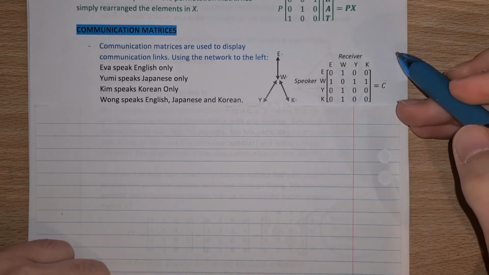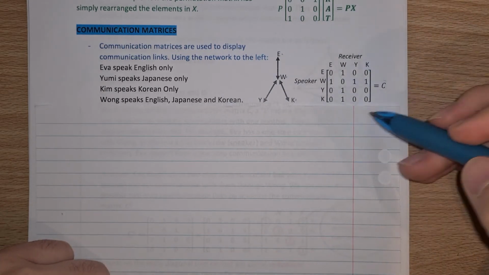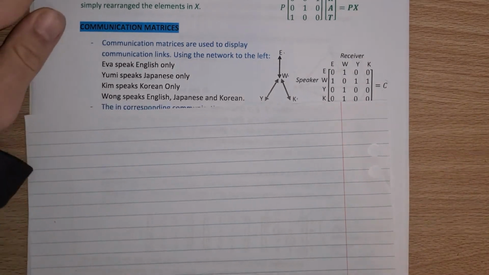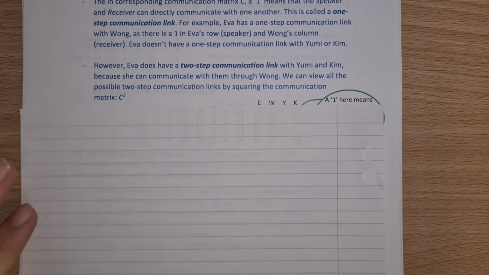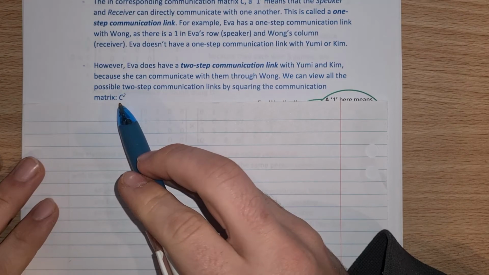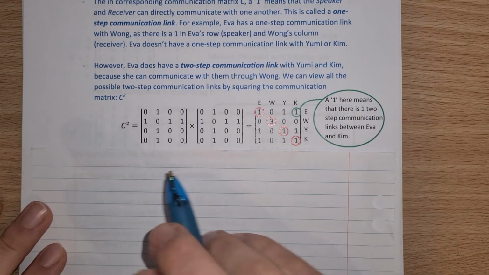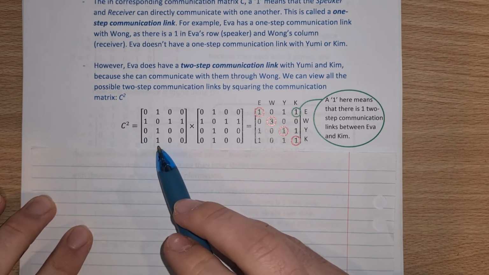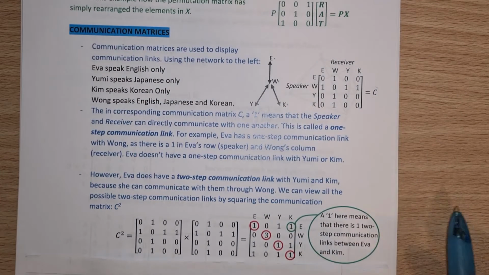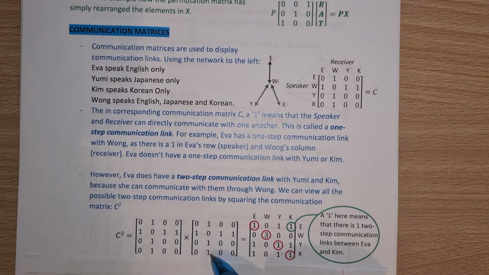To figure out all these 2-step communication links, what we can do is calculate the communication matrix C squared. By calculating C squared, we can see this here. So C squared is our C matrix multiplied by itself.